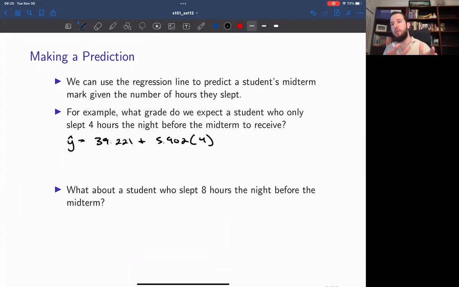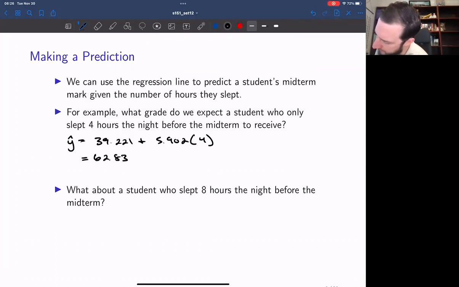So we're taking our regression line, we're taking the value of the predictor that we are interested in and we're plugging it into the regression line. So we have 39.221 plus 5.902 times 4, which gives us 62.83.